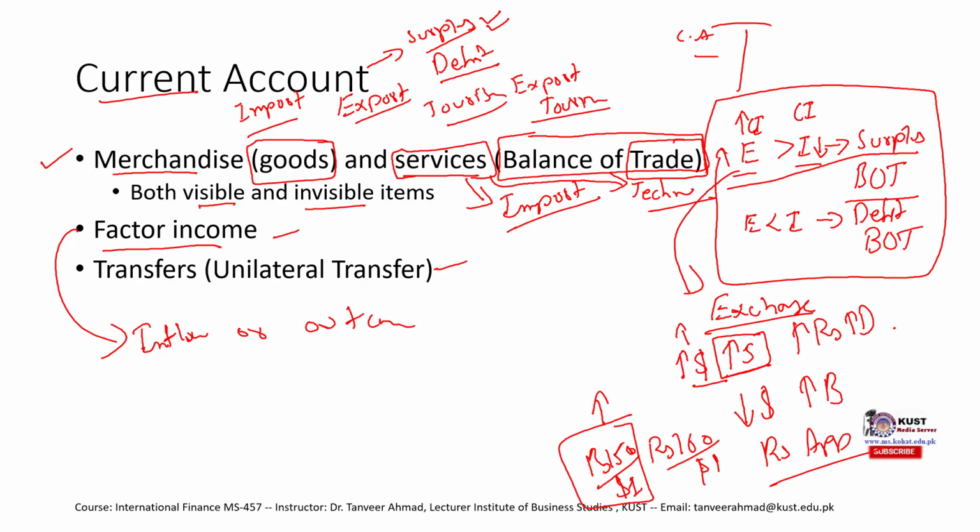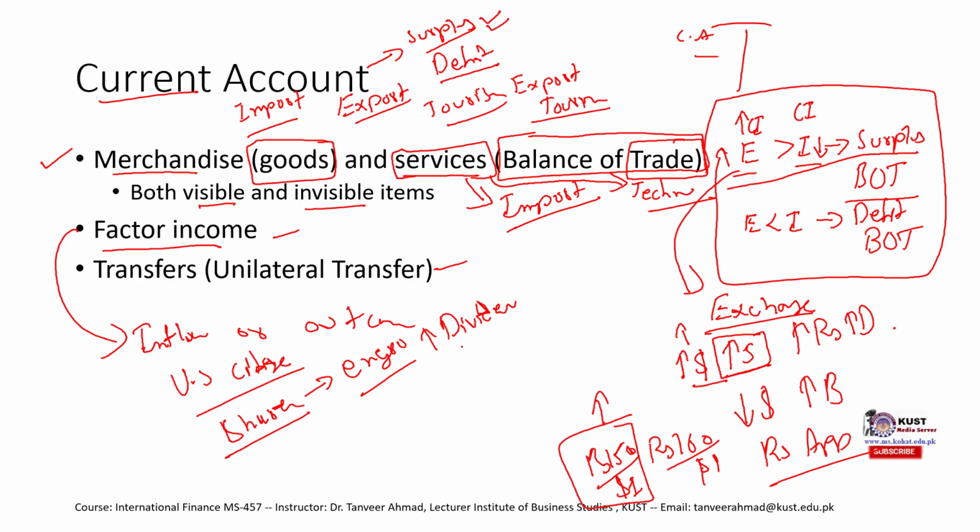So in this case, for example, if a US citizen buys some shares in Pakistan, say for example, the shares of Engro Corporation, Engro Corporation would pay dividend, and this dividend would go to this US citizen, right?